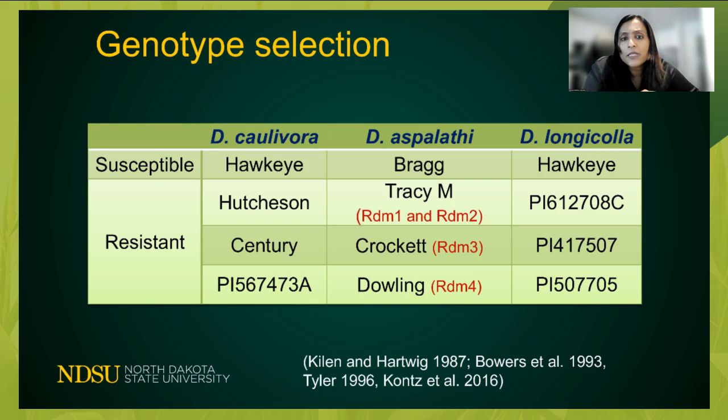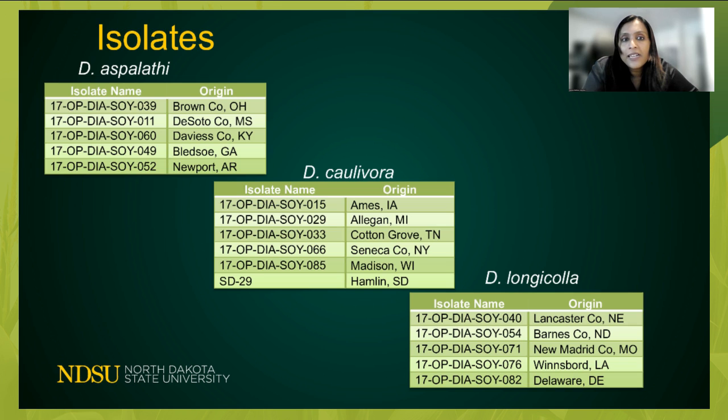Regardless, we decided to screen a few PI lines to see if there's anything that potentially has resistance to Diaporthe longicola. Our susceptible checks were Hawkeye or Bragg. Since we were using materials from the past, we decided to challenge them with multiple isolates from different geographical locations for each of the organisms.